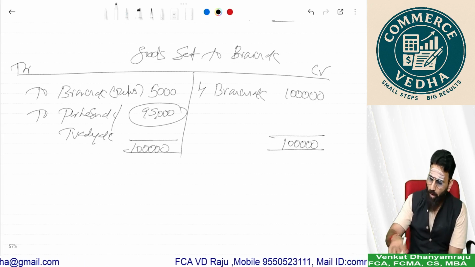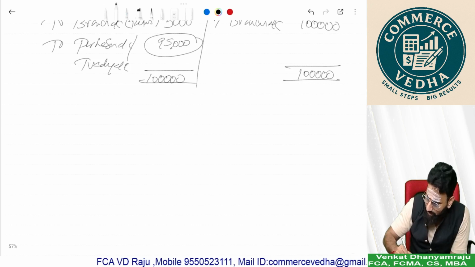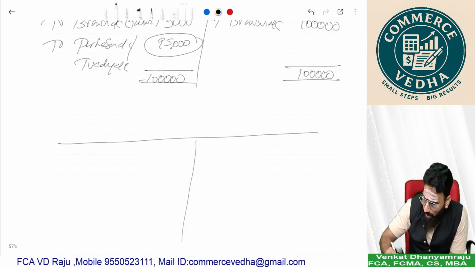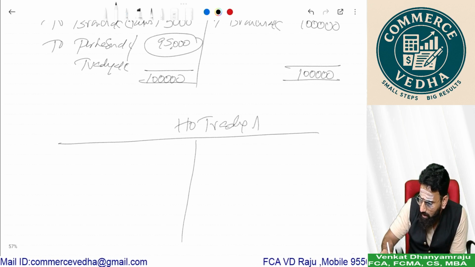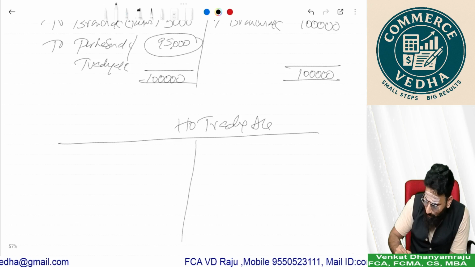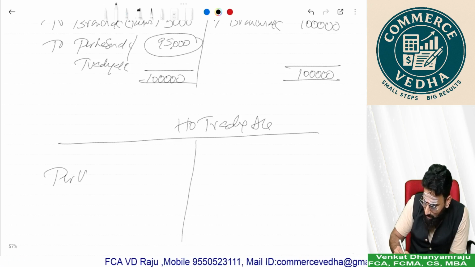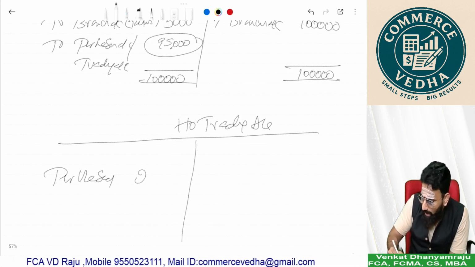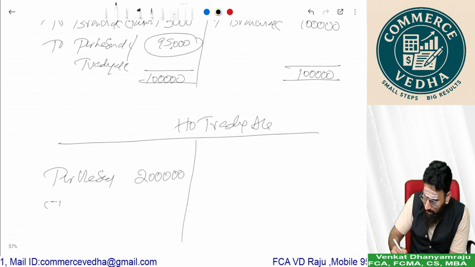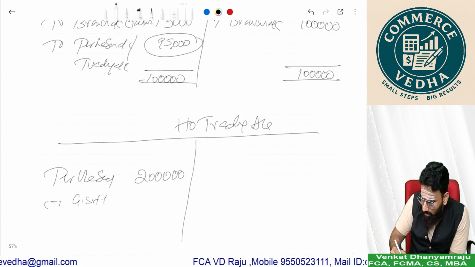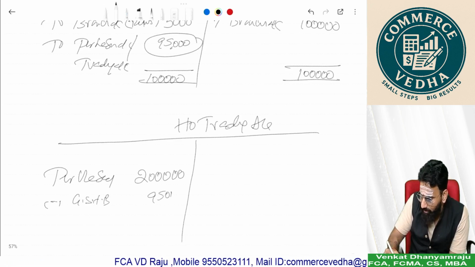Right? Why is it so? Suppose this is the HO trading account, and from its purchases, suppose HO purchased 2 lakh goods, it should deduct goods sent to branch 95,000.